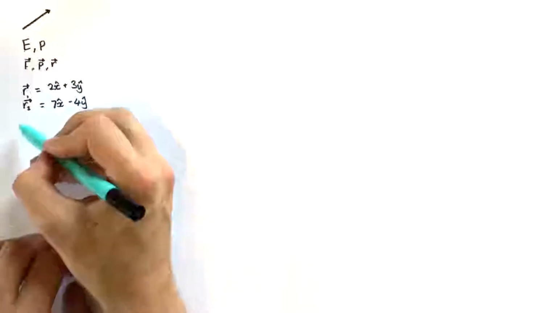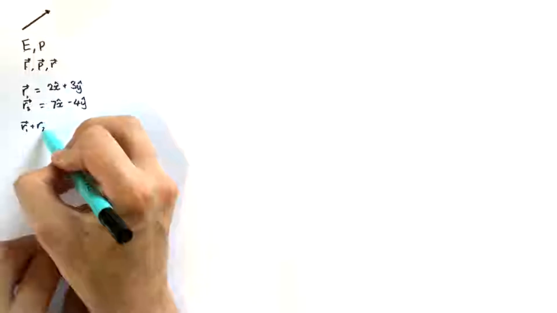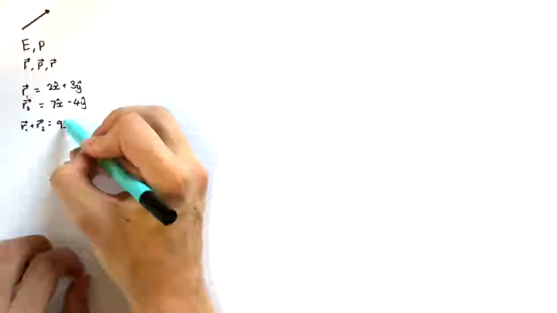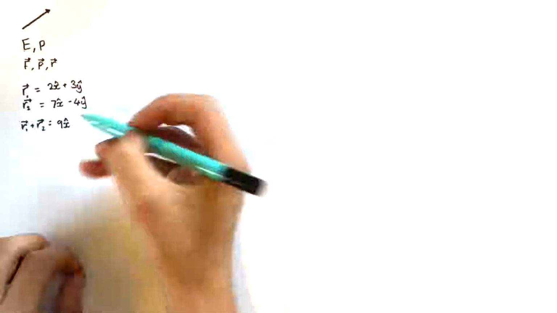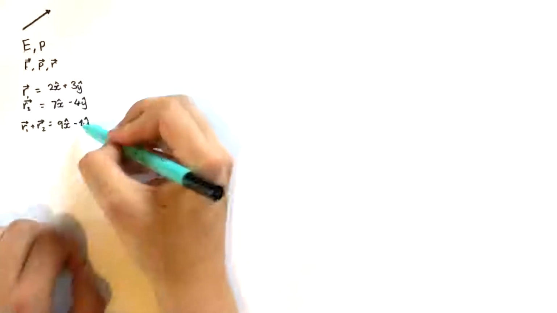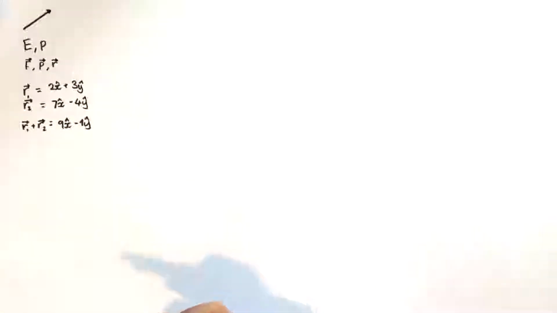To add them together, we do r1 plus r2, and add the x components, so we end up with 9x hat. And we add the y components, 3 minus 4, which is just minus 1y hat, or minus y hat, we don't need the 1 there. So it's pretty basic: you just add the components of a vector together.